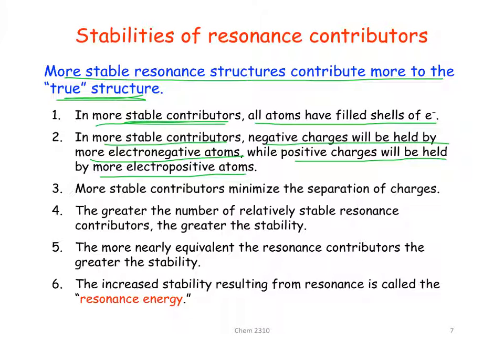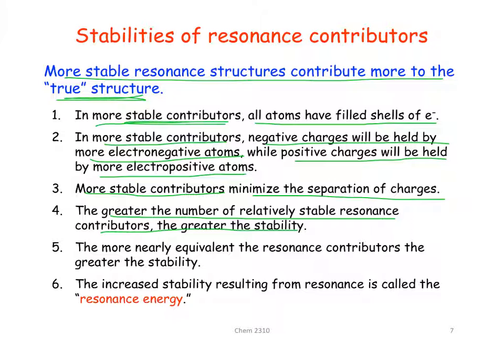Okay, so like the last example we saw, the minus charge on the oxygen is going to be a little more stable than the minus charge on the carbon. All right, more stable contributors minimize the separation of charges. And so if we're making resonance structures that add a lot more charges, then those are going to be less stable.